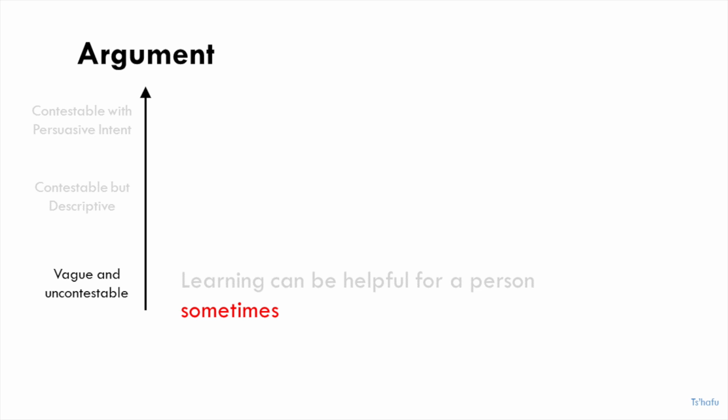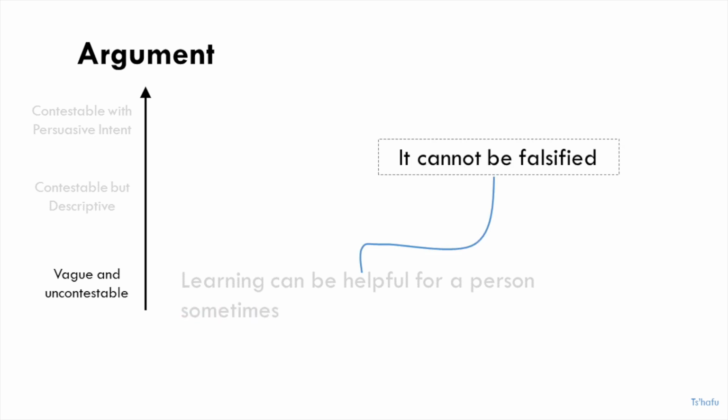And so what we have here is really a thesis that cannot be falsified. No matter what you were to say to the author of that thesis, they could always switch it up. They could say, well, I didn't mean that by learning, or I didn't mean that by helpful, and also, by the way, I said sometimes. In other words, they are not making any commitment. And by not making a commitment, it cannot be falsified.